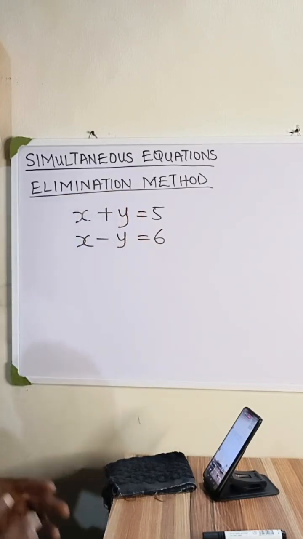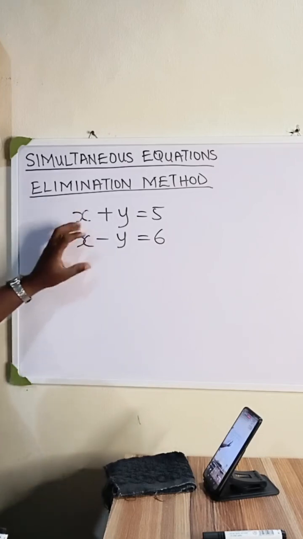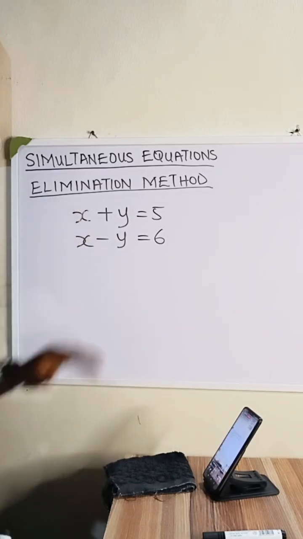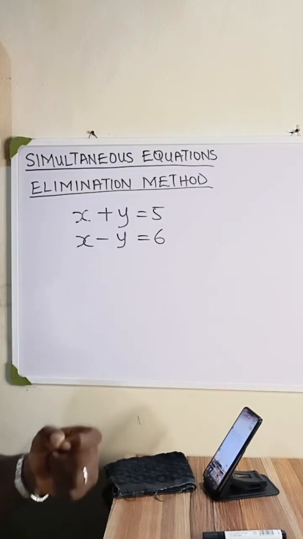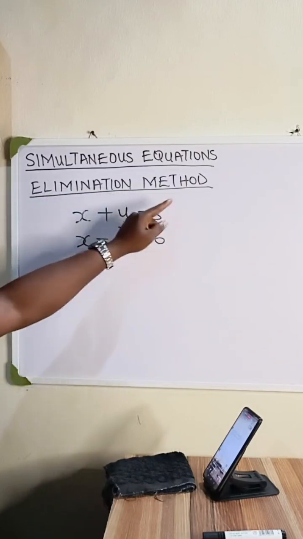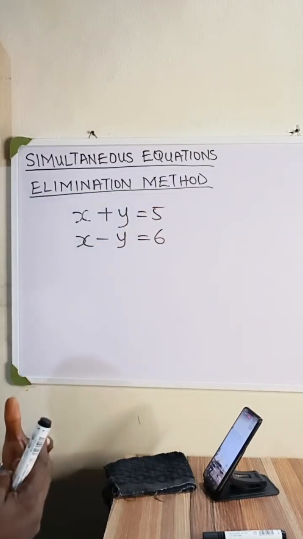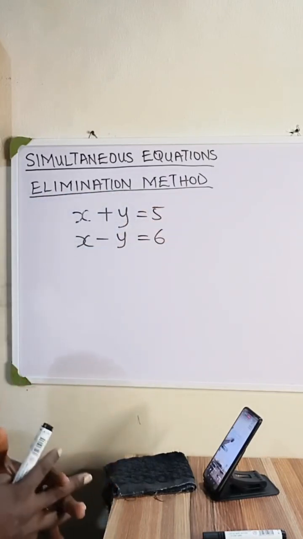So when you are using this method, you must figure out a way of making one of the two variables disappear. Okay? So in our first class, we solved a few questions using the substitution method. We are going to solve those same questions using the elimination method, and then check if we arrive at the same answer.